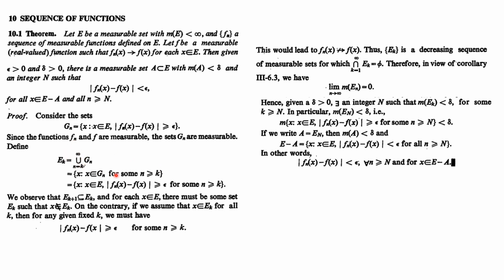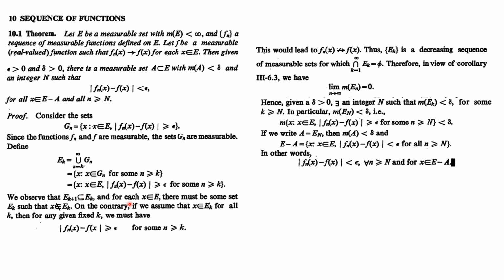Since here it is union, we take for some n greater than or equal to k. I have already told you that E_{k+1} will be a subset of E_k because in case of k+1, n is starting from k+1. In case of E_k, n is starting from k. So clearly this is a subset of E_k.